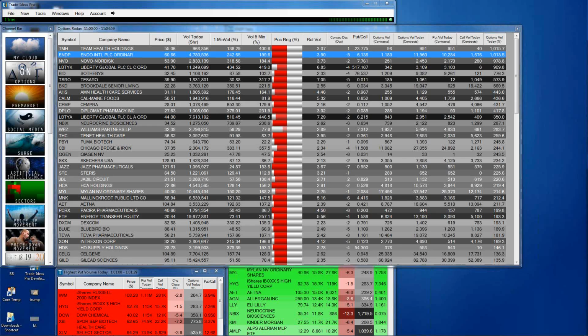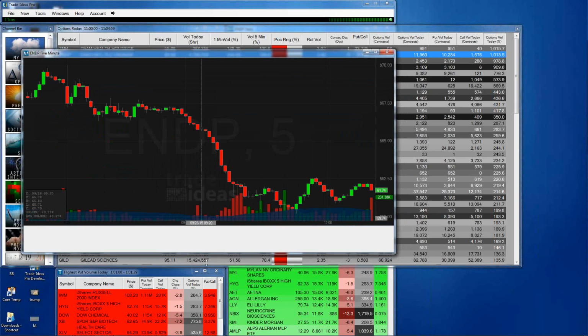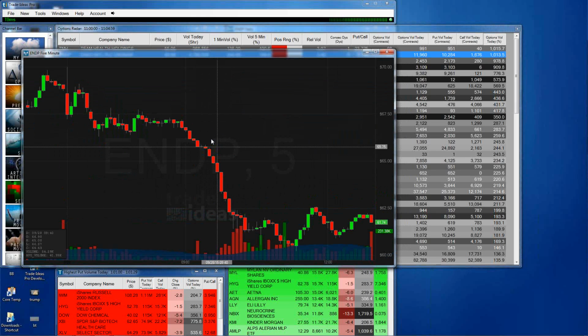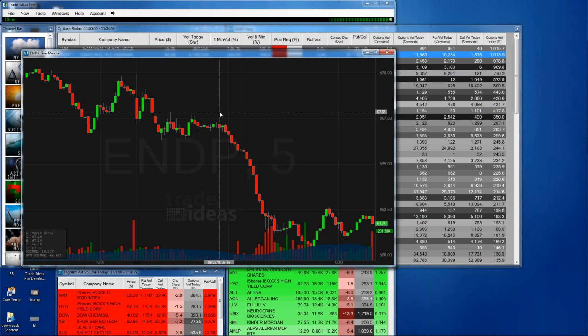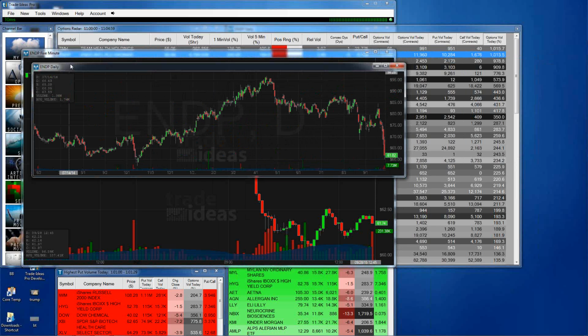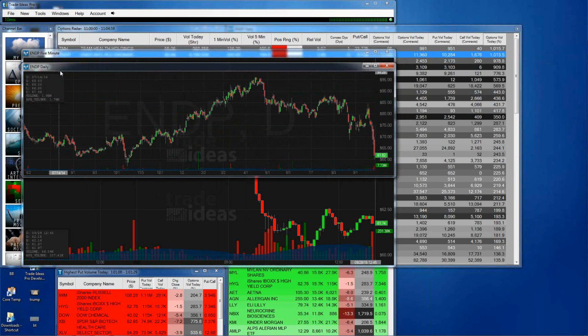Now, if we pull up ENDP on a chart, this is the daily, which is no surprise because a lot of the stocks that we see today exhibited the pattern, got pulled down in the downdraft. But if we look at the longer term chart, it's exactly the scenario I was describing earlier. Of course, you never know in the markets.